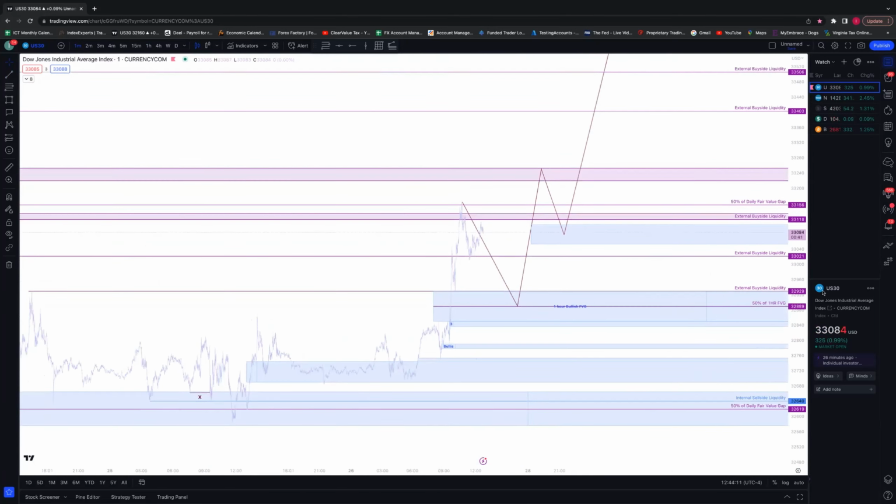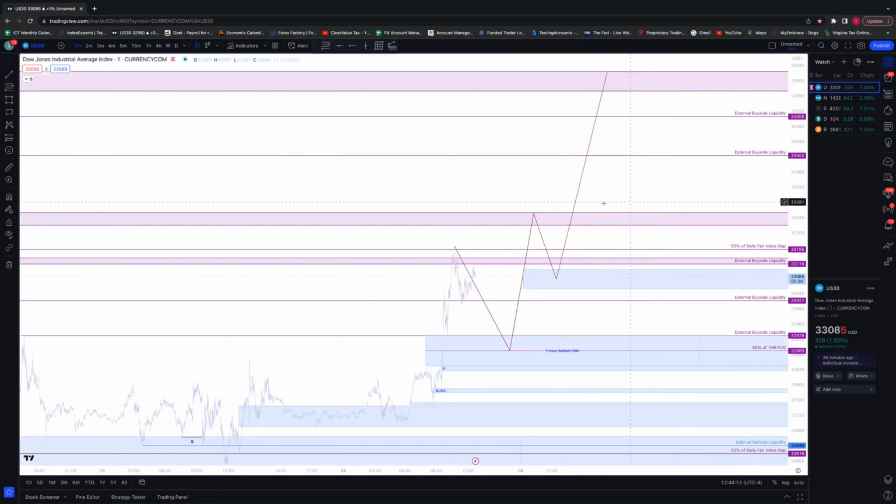So this is how you look for the order flow. And then price is going to create another bullish fair value gap, and you just use this area as pivot points.